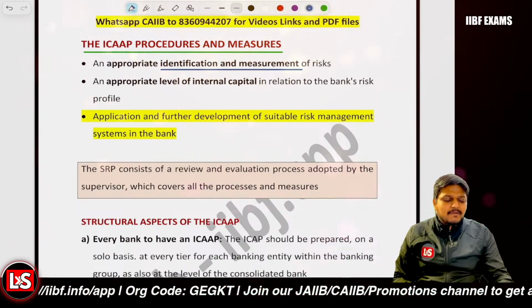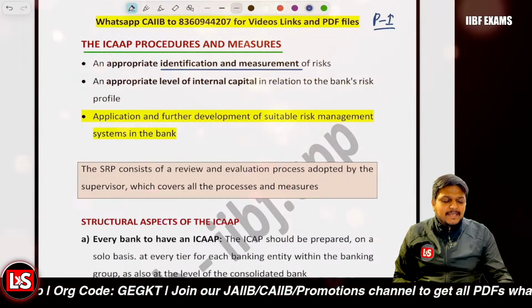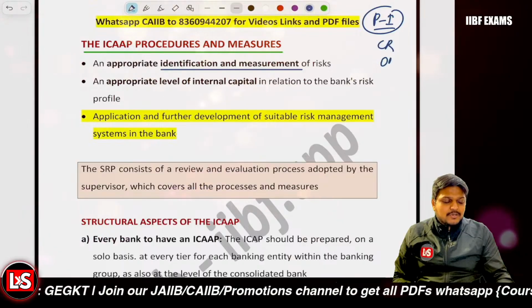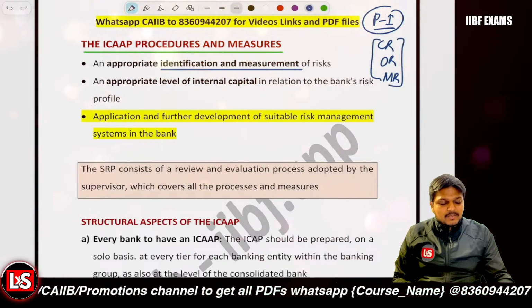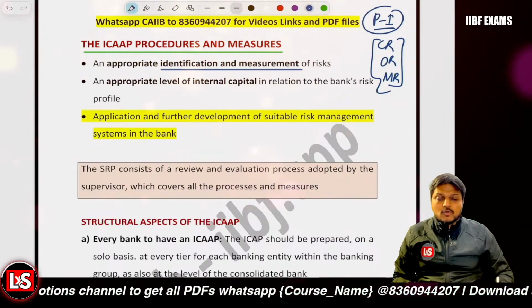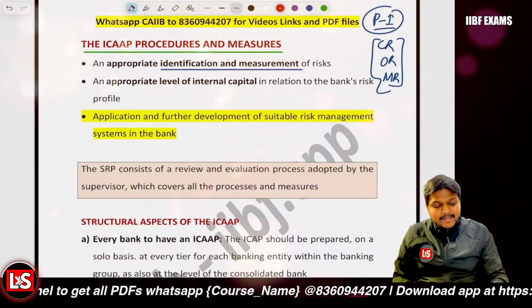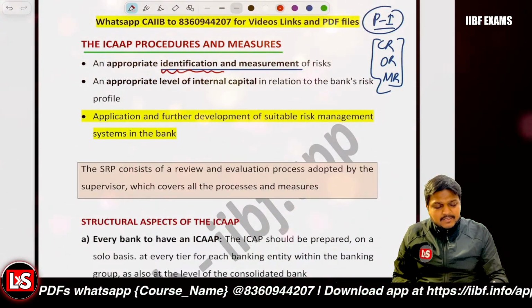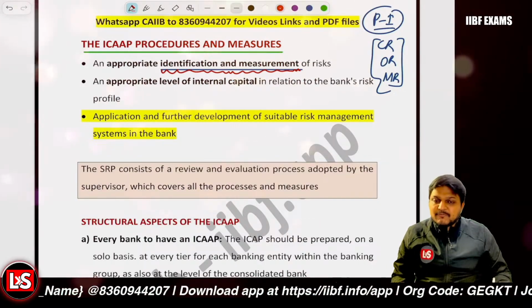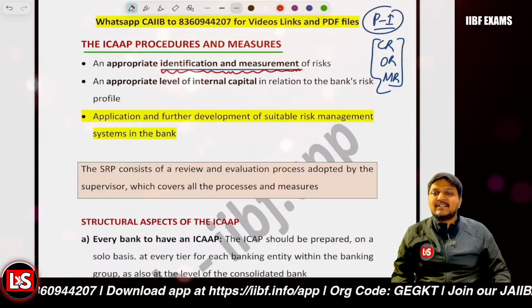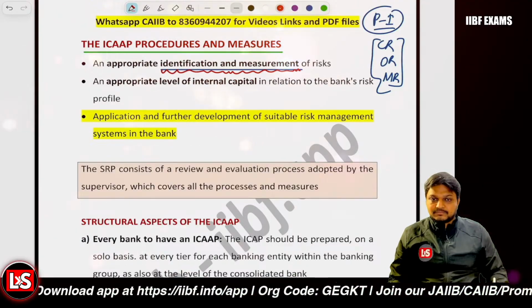Like under the pillar one, we have already covered the risk like credit risk, operational risk, market risk, but there are other risks also which are not covered. So we want to cover them all. So the first step would be that we need to identify the other risks. We need to quantify the other risks. That's step one. That's a core ICAAP requirement, first of all.